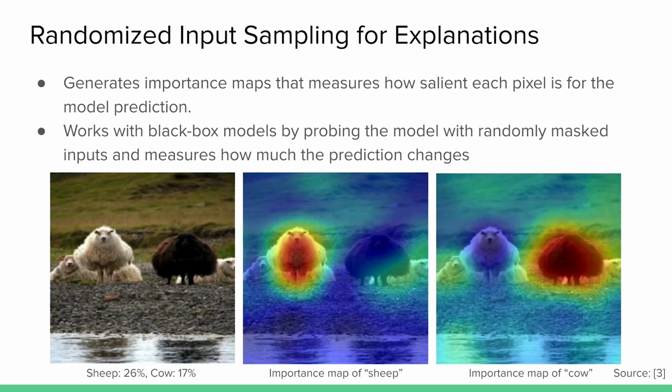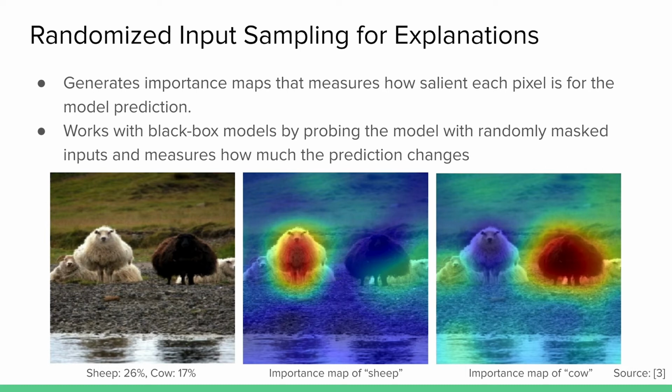RISE tries to create saliency maps similar to what we've seen before, but allows us to do it on a black box model. It creates importance maps that measure how salient each pixel is for the model prediction by randomly masking out certain areas of our input and measuring how much the prediction changed.